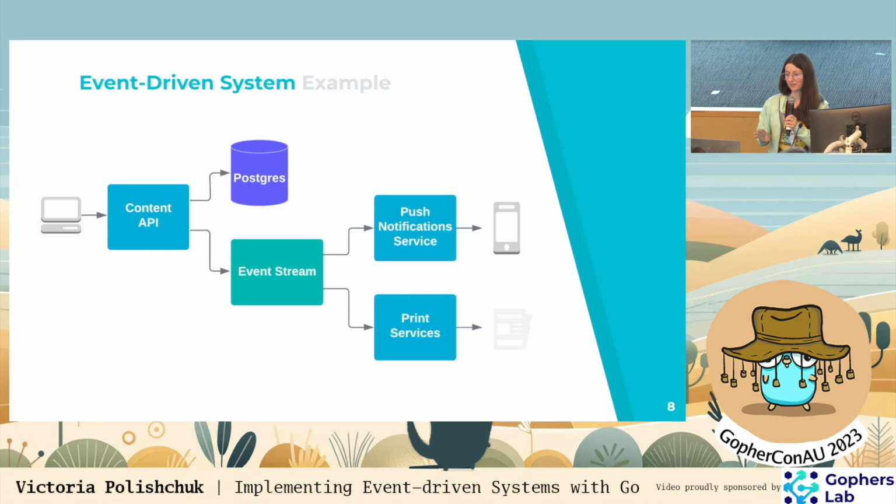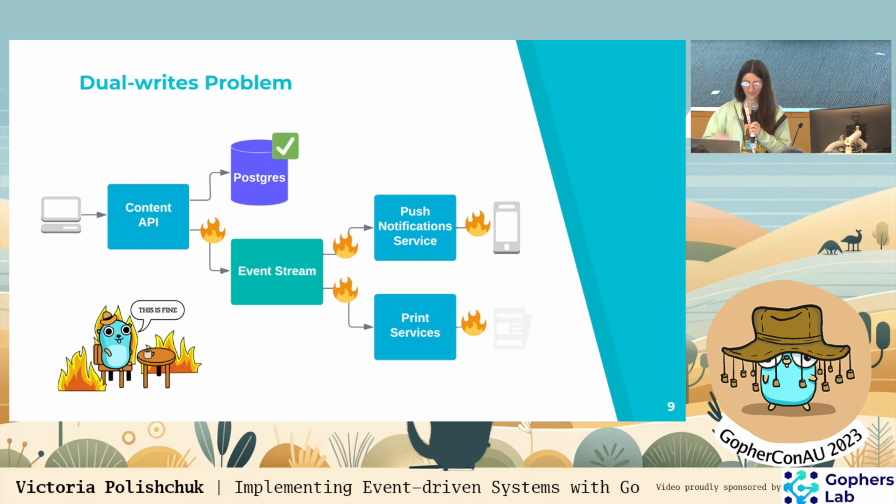However, as great as it sounds, there might be a potential problem in this system. This problem is of data integrity, and there's a name for it called the dual writes problem. What happens here is when we write content into our Postgres database, then something may go wrong on the way when we try to publish that event.